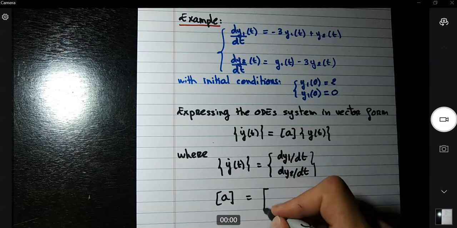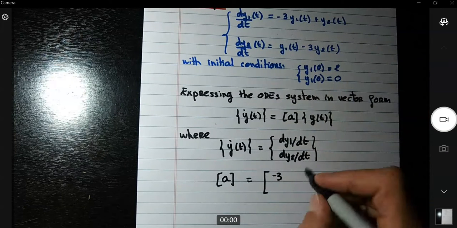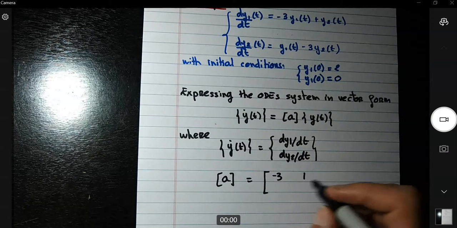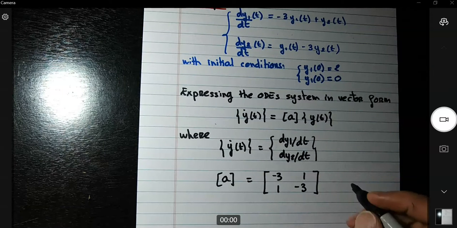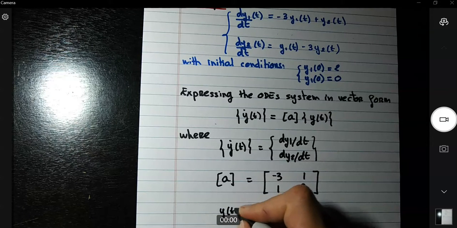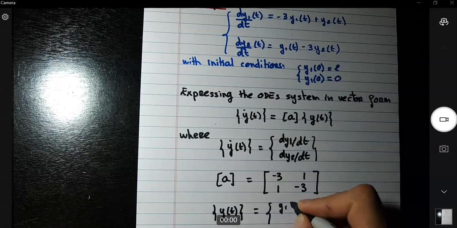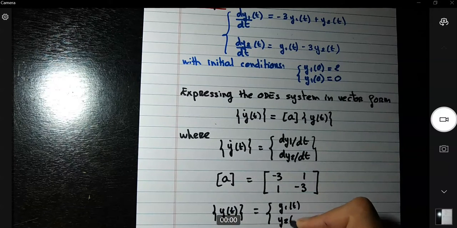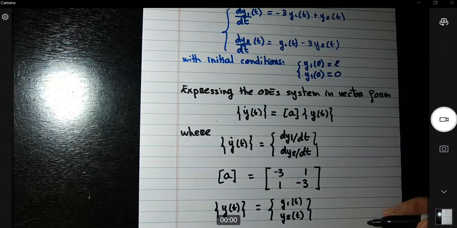For us it would be these constant coefficients: minus 3, 1, 1, minus 3. And then our variables y(t), which are y1 of t and y2 of t.